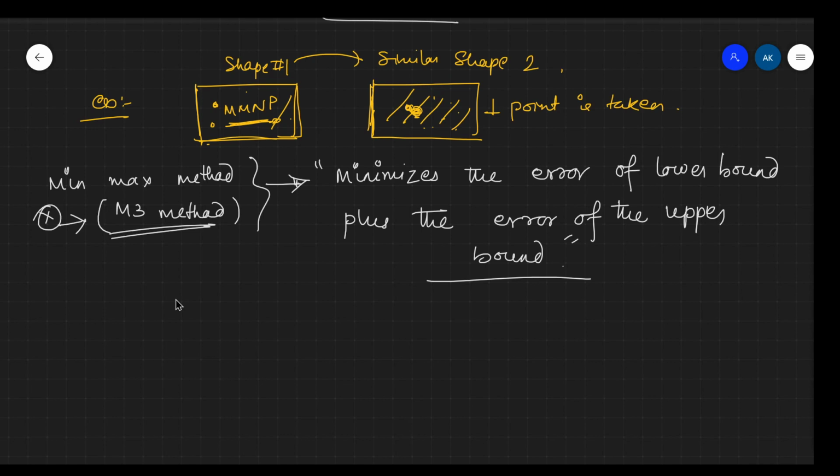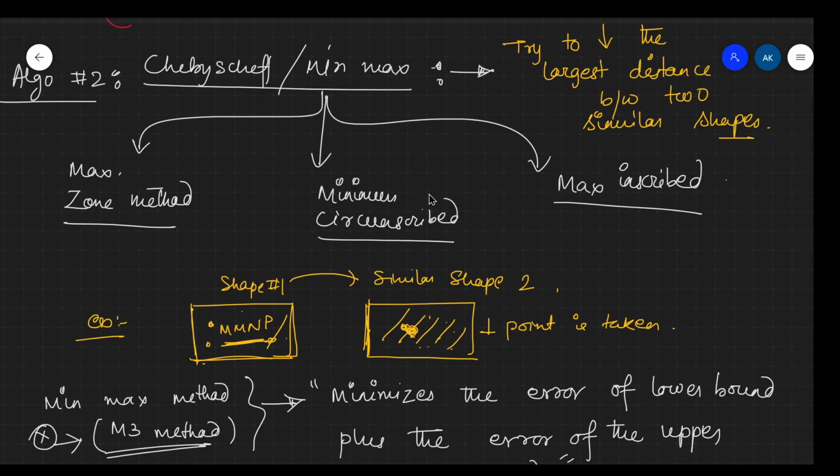Just know the logic. Then there is something called minimum zone. So this minimum zone, sorry, I have written maximum zone here. It should be minimum zone.